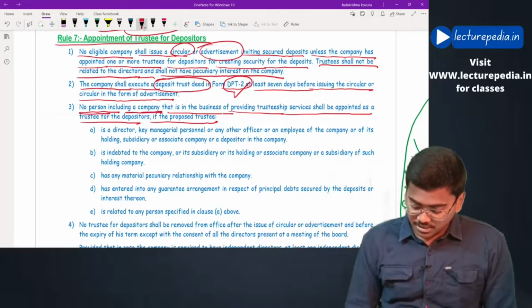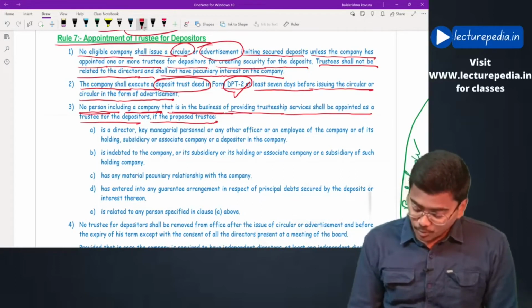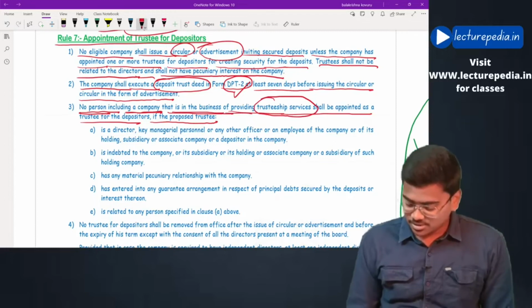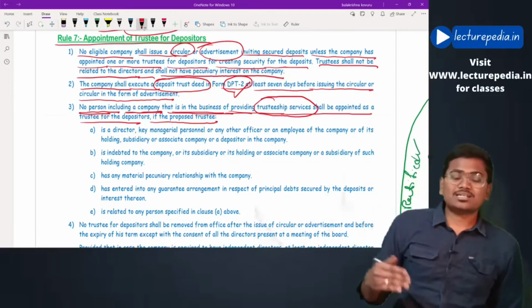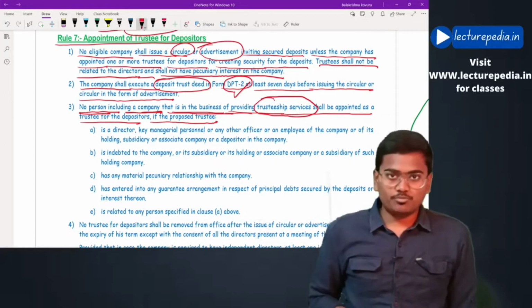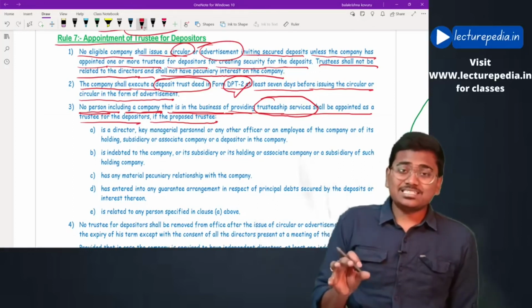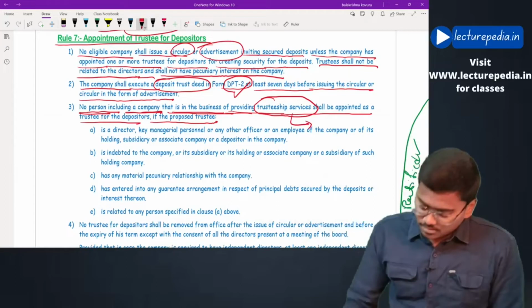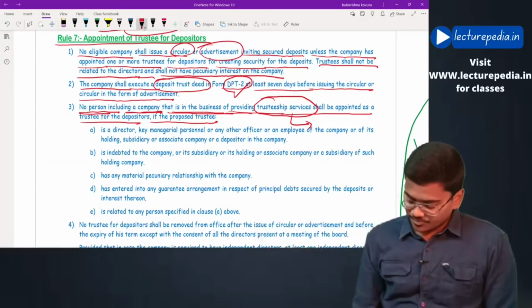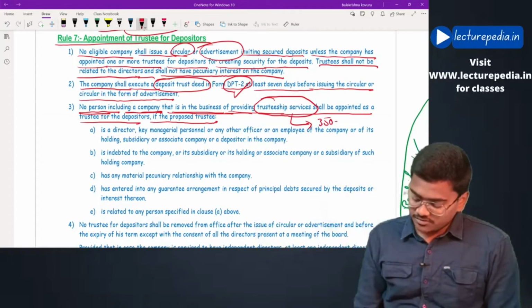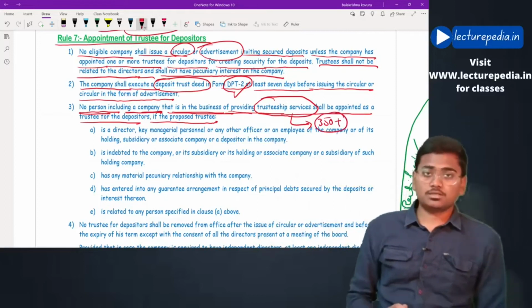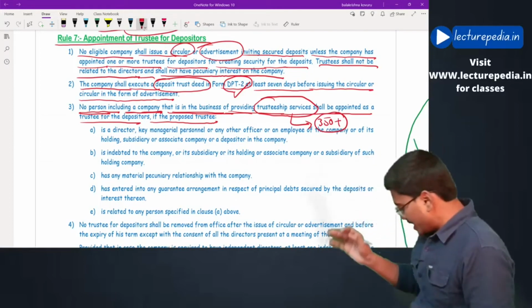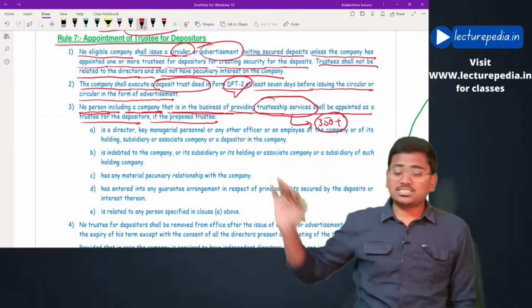Providing trusteeship services is also a type of business. All the entities that are providing trusteeship services are separately listed. There is a list of around 350 plus names available.